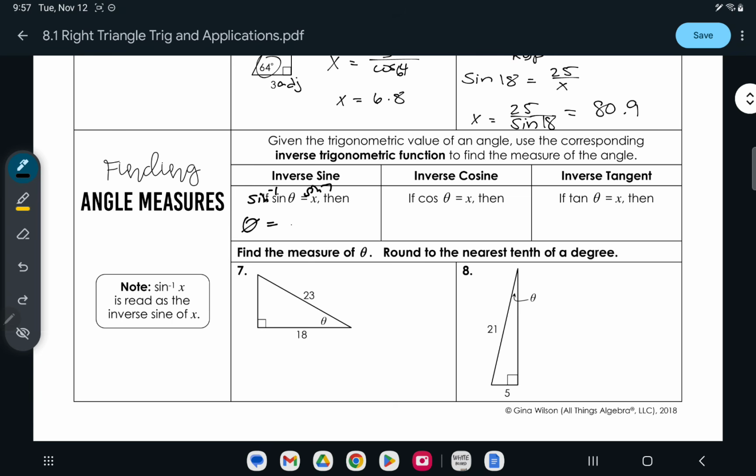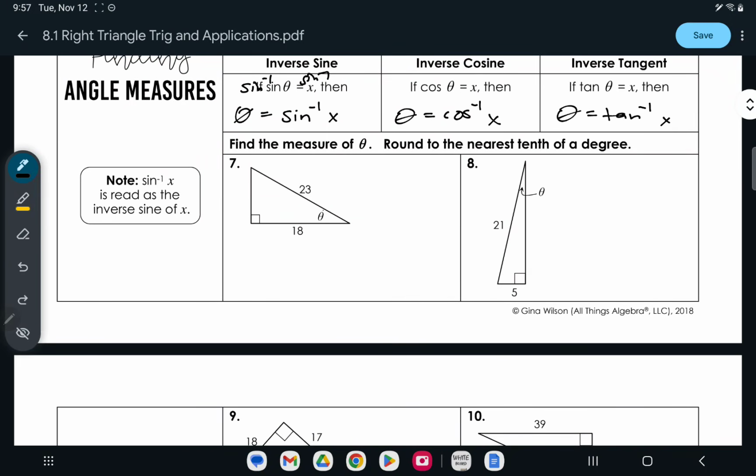So theta is sine^-1 of x. Same follows for the others. So inverse cosine of x and inverse tangent of x.